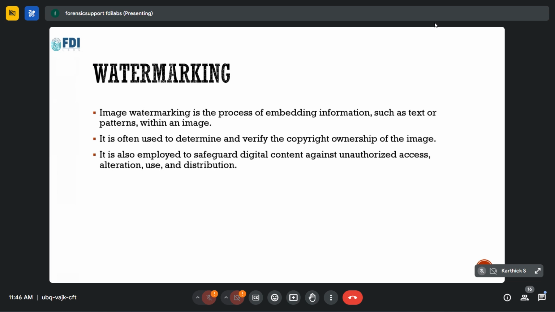We know that digital watermarking, image watermarking, is a process of embedding information such as text or patterns within the image, and it is often used to determine and verify the copyright ownership of the image. It is also employed to safeguard digital content against unauthorized access, alteration, use and detection.